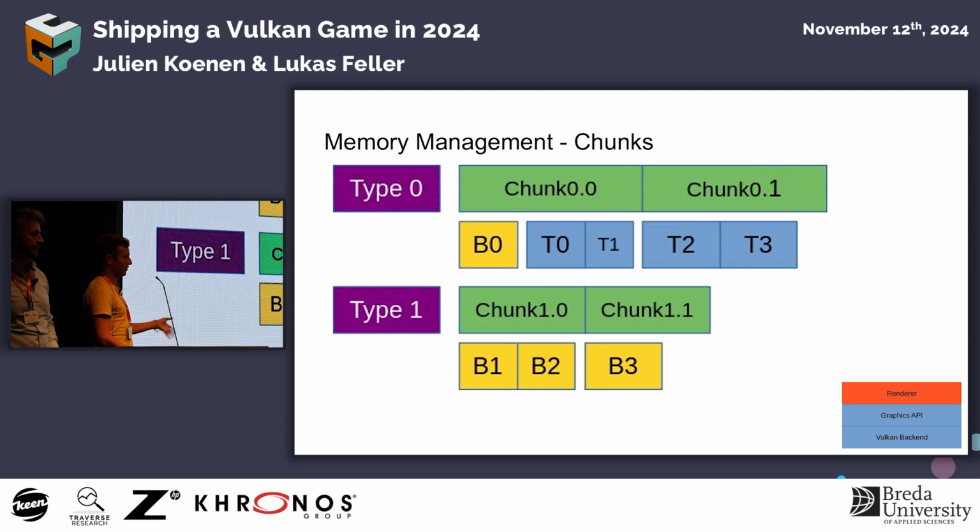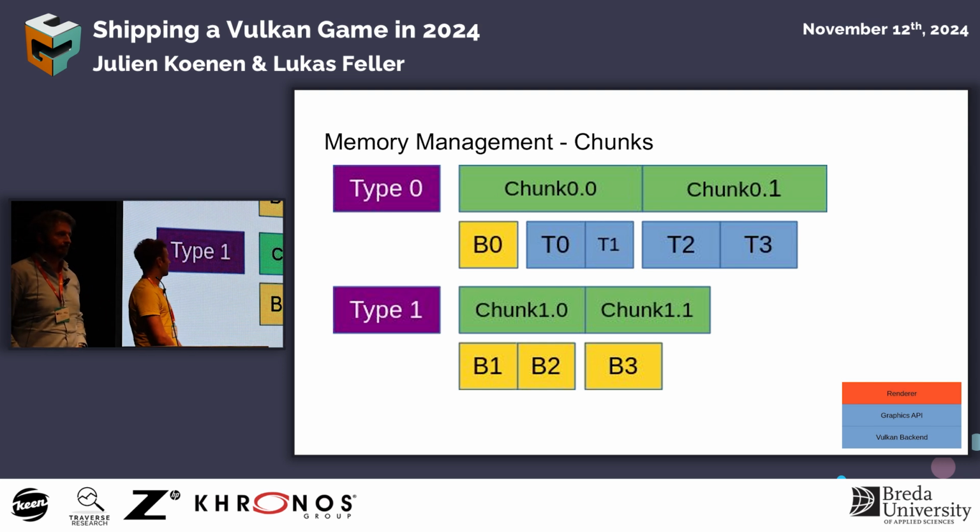We have different memory types. This also relates to the memory types that are exposed by Vulkan. And we just linearly sub-allocate from memory chunks. Sometimes there are gaps in between because resources can have different alignment requirements, but we try to pack those as tightly as possible.